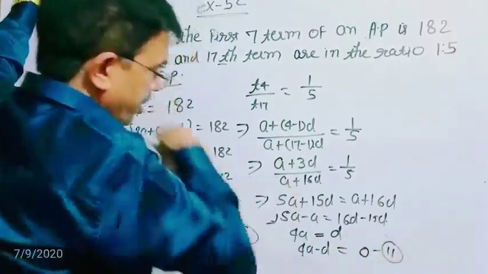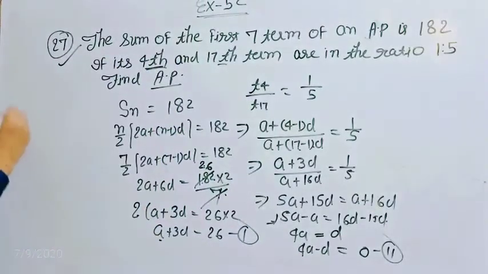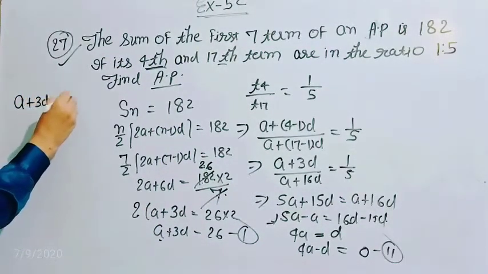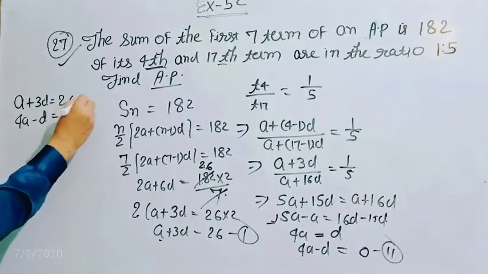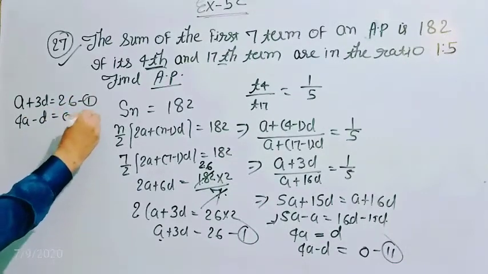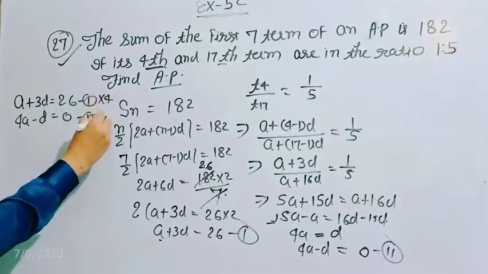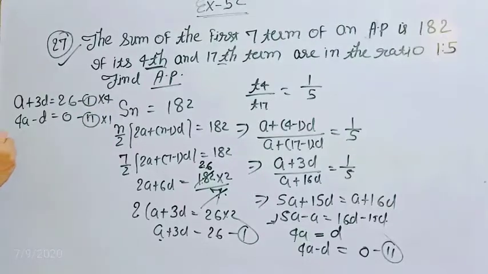The second equation. There are two equations. First is A plus 3D is equal to 26, and second is 4A minus D is equal to 0. First equation multiply by 1, second equation multiply by 4. What do you get?